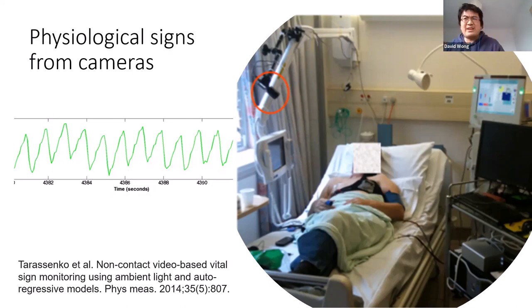However, we know that it's already possible to extract measurements of heart rate, breathing rates, and to some degree, oxygen saturation and blood pressure, just from standard video camera data based on the color of your skin. So this is work from almost 10 years ago now, showing how heart rate can be picked up from a video camera.